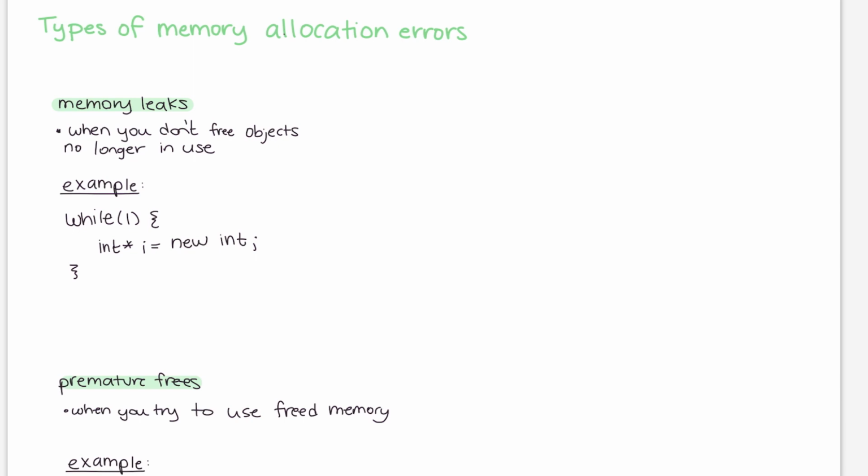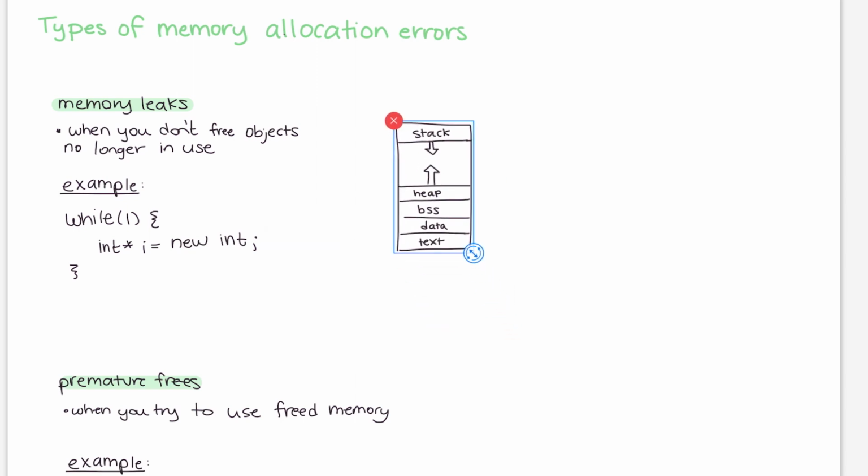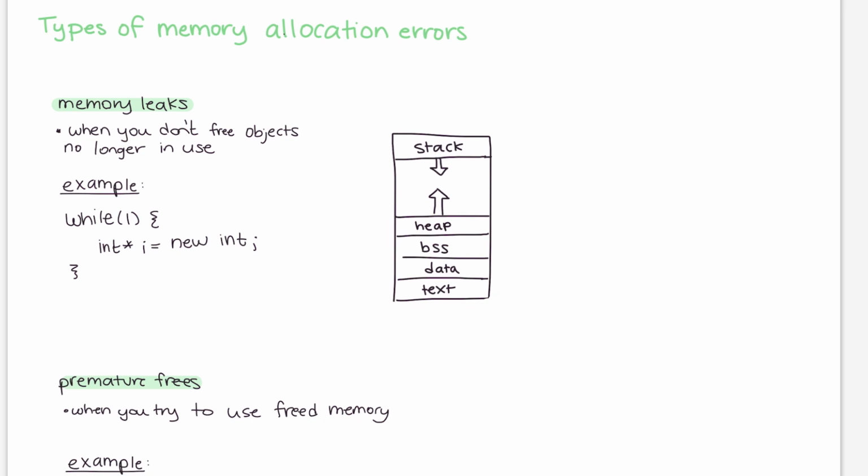One of the main types is memory leak, which is when you're not freeing objects that are no longer being used. To review the memory structure, our memory is basically like a fat array with a bunch of data sections. Whenever we're mallocing, we are using the heap, remember?